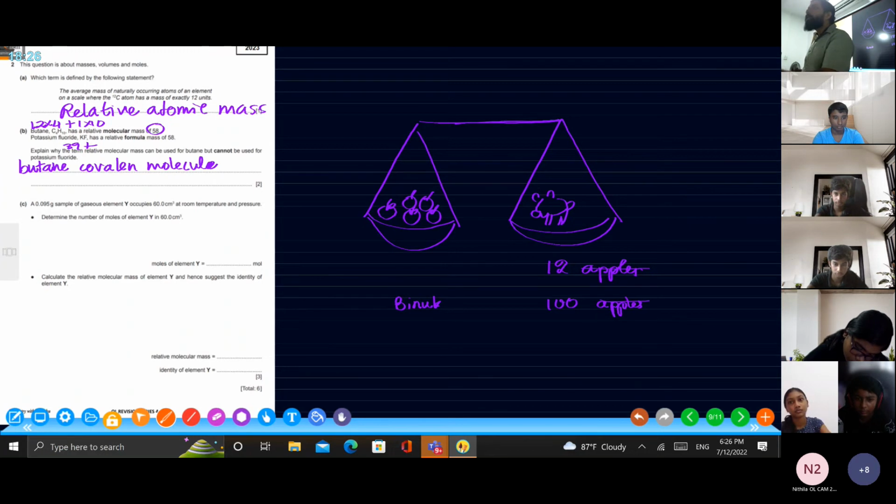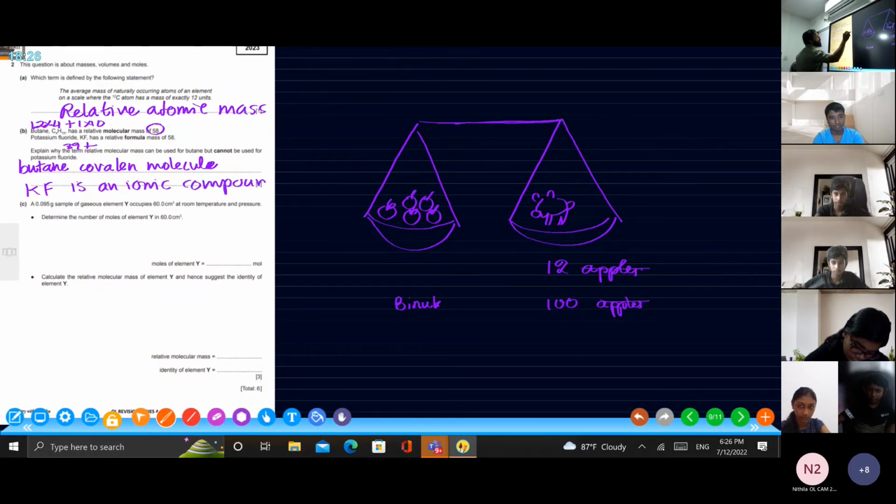Potassium fluoride is an ionic compound. So you have to say relative formula mass, because an ionic compound does not have molecules.